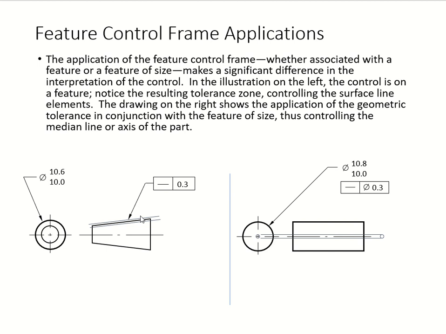But here we're dealing with the surface feature, so therefore this side is a feature. And when you look at it carefully, it's not showing you the surface. Right now it's showing you this limit right there. So that's a major difference.